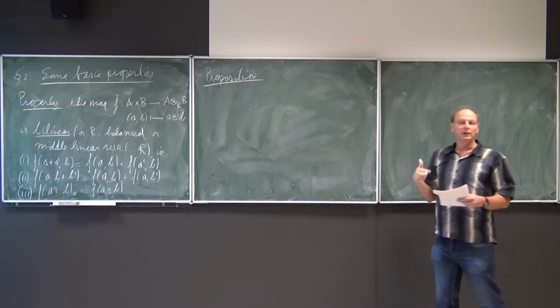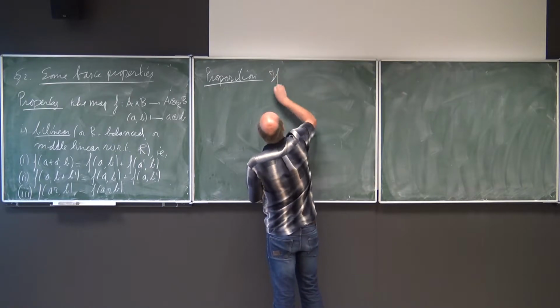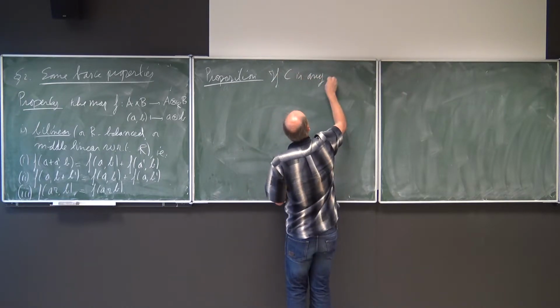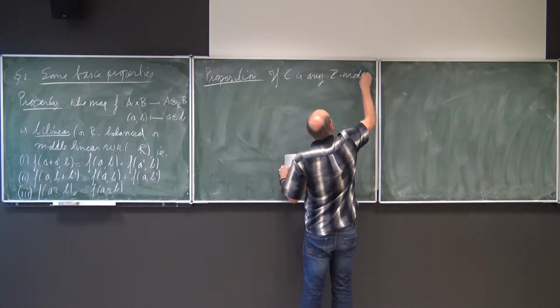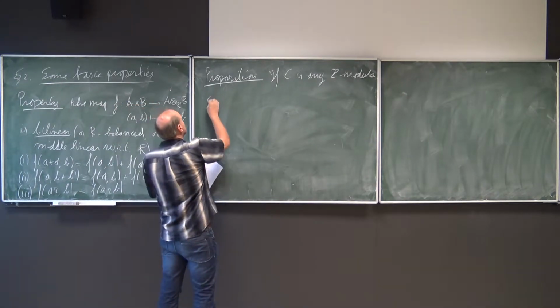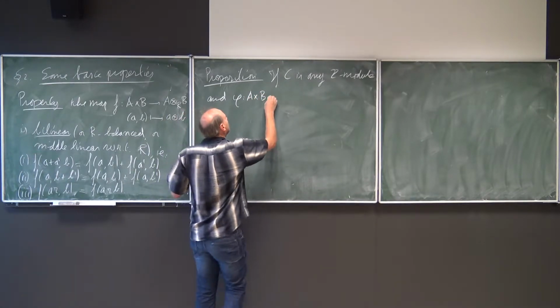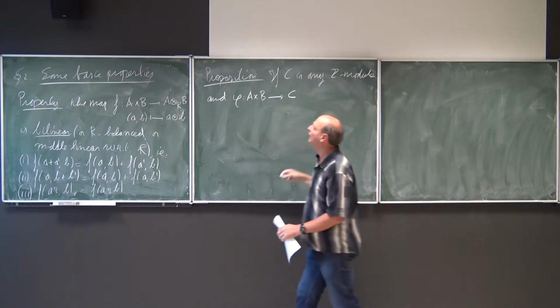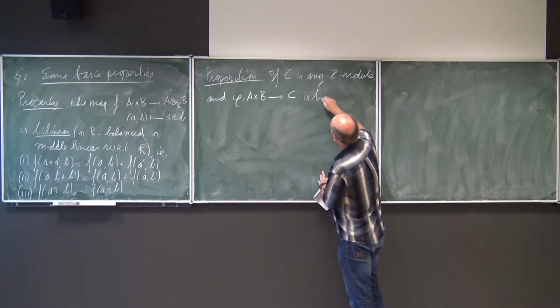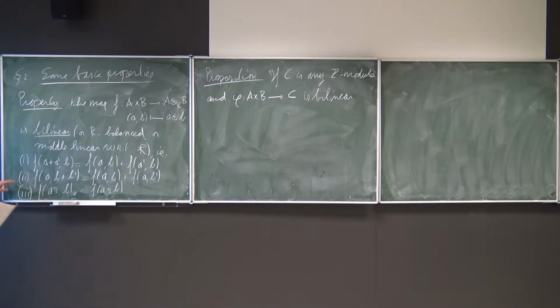Okay, so the tensor product was an abelian group, and we're going to, in some sense, compare it with any abelian group. So if C is any, well, I said I will be saying Z-module, so let me write Z-module for abelian group, and have any map phi from A cross B to C. So if this one is bilinear, that means it will satisfy those properties 1, 2, and 3, but then with f replaced with phi, and that makes sense because the only thing I needed was an addition, and I have this in the abelian group.